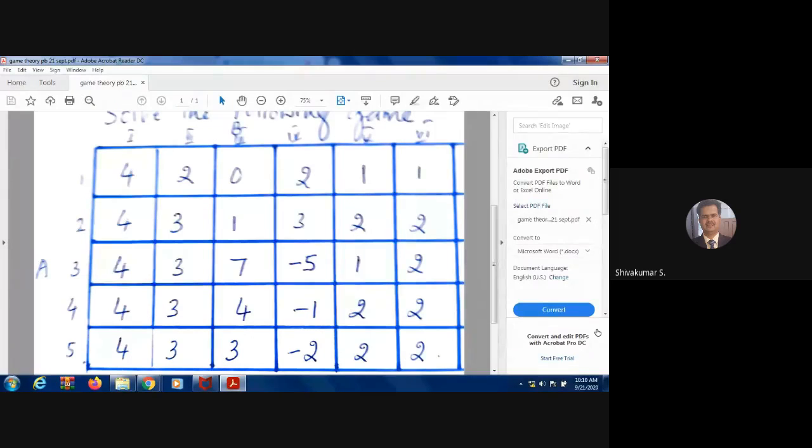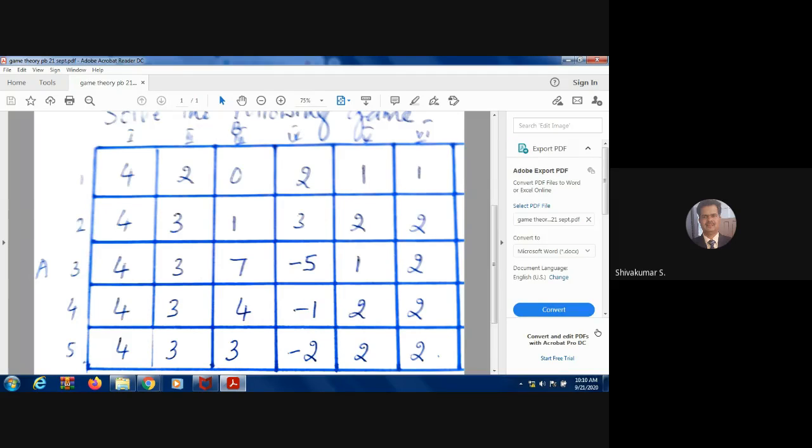Remember, you are trying to reduce the matrix into a 2 by 2 matrix using the dominance rule. So A minimizes the matrix by deleting the inferior rows, whereas for column values, player B is trying to delete the maximum values in the column. So now check out player A.